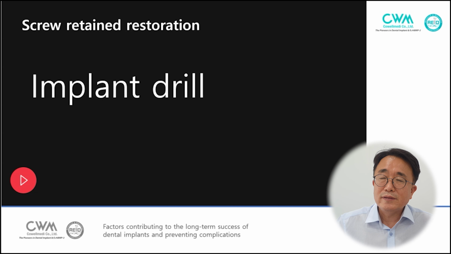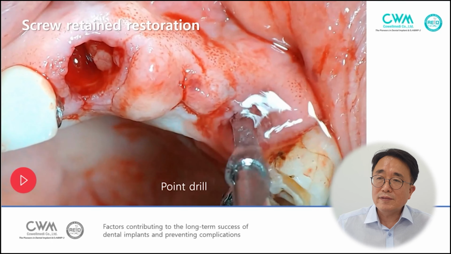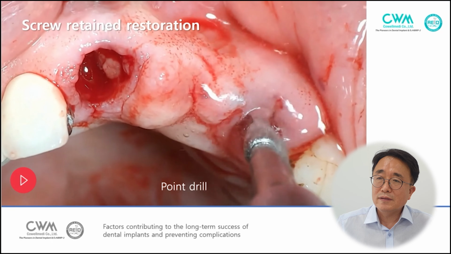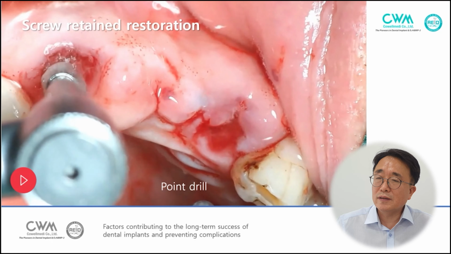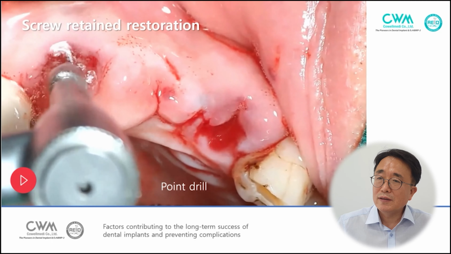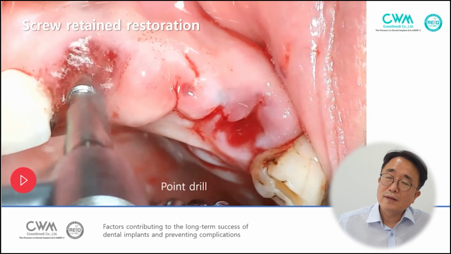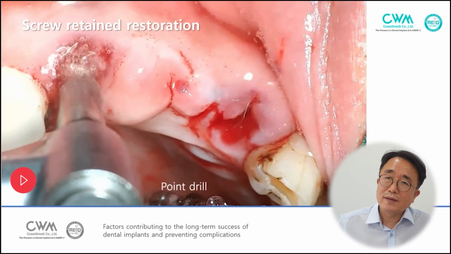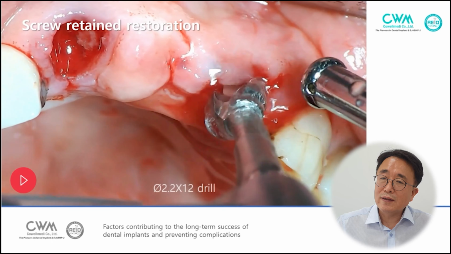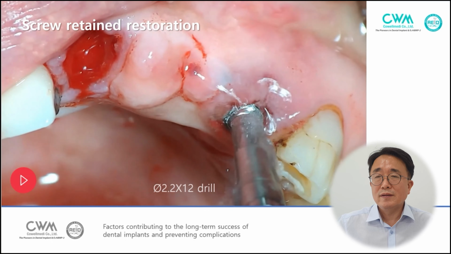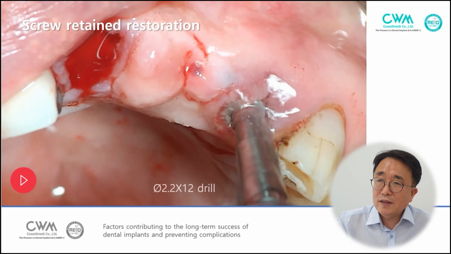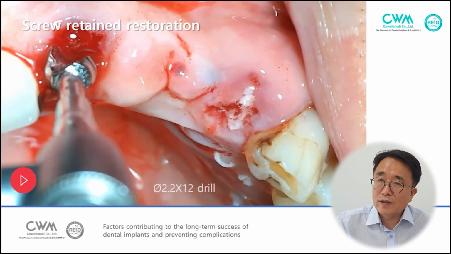Implant drill. After extraction, a bone drill is inserted in number 22 and 12, and a diameter 2.2 drill is penetrated into the palatal wall.